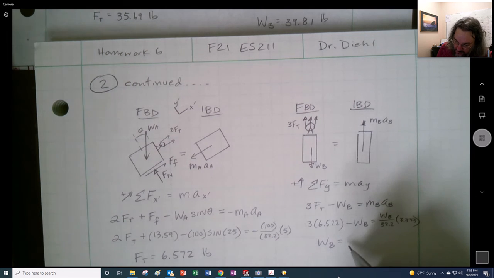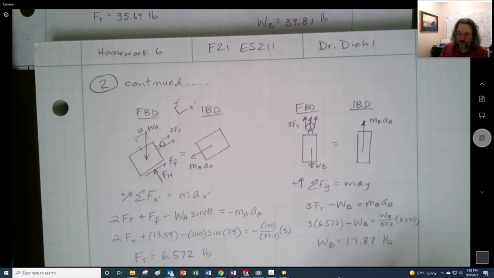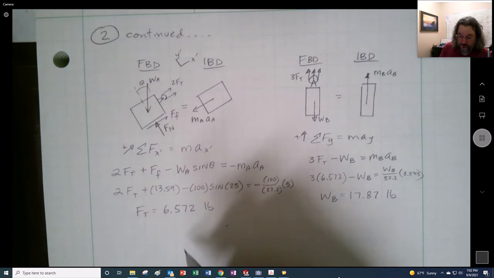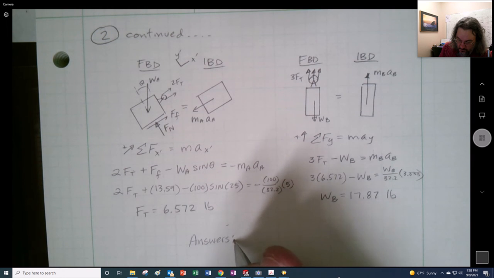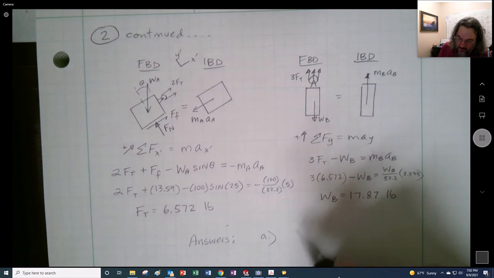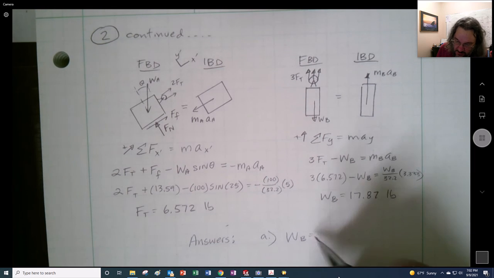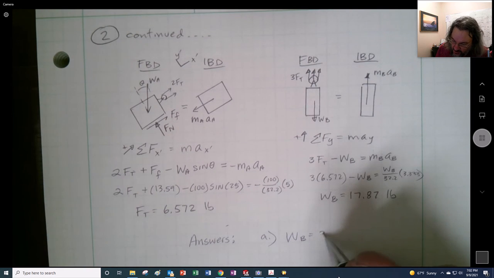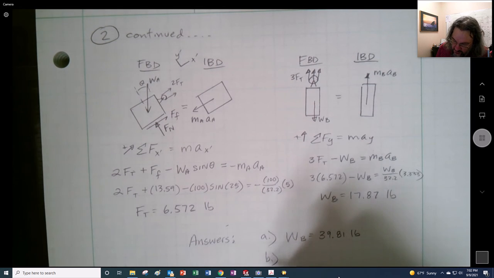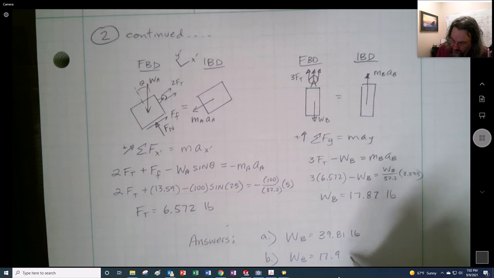And I think that's going to give us the answer, 17.87 pounds. Right? So our answers: for A, WA is equal to 39.81 pounds, and for B, WB is equal to 17.9 pounds.